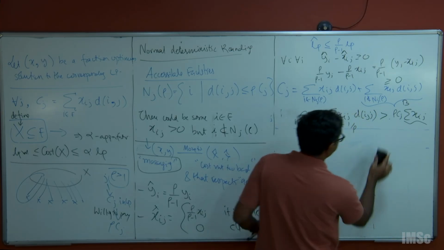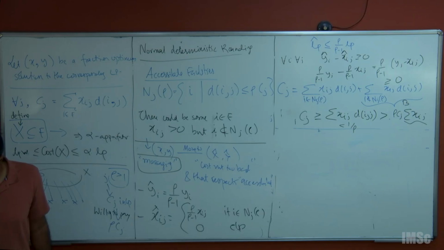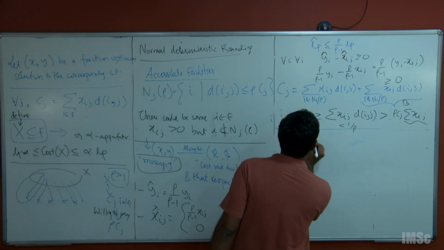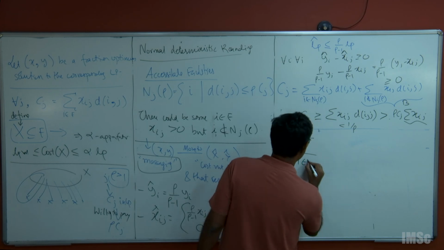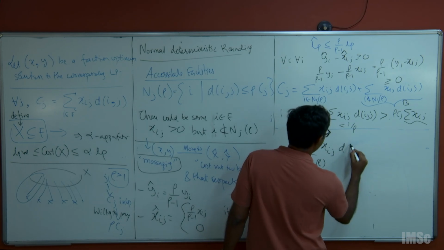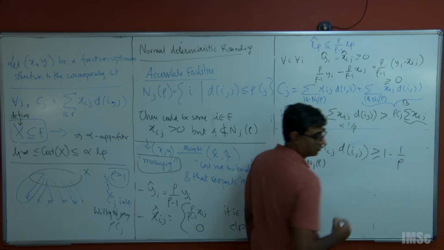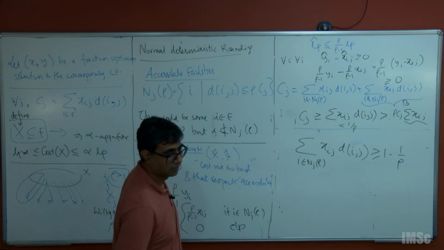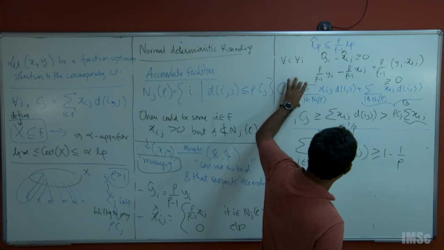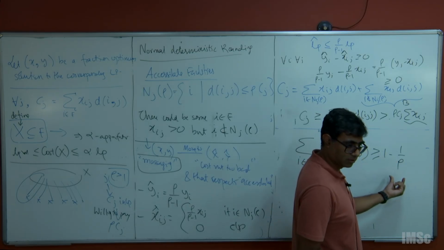We know that this quantity is at most 1 over rho, which implies that the summation over i not in N_j of rho, xij dij, is at least 1 minus 1 by rho. That's it. Because if this quantity is strictly less than 1 by rho, then the remainder is at least 1 minus 1 by rho, because the total was at least equal to 1.